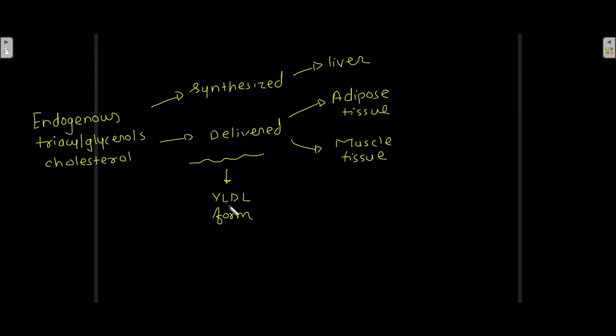So from the liver they go in the form of VLDL to the adipose tissue and to the muscle tissue.